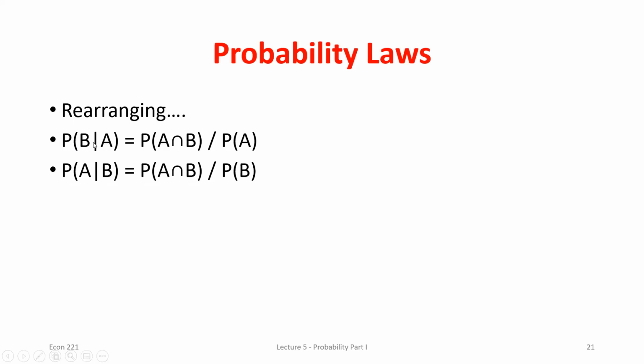Whatever's on the right-hand side of this line, that's what we say we're conditioning on. So we're conditioning on A, but we're still looking for the probability of B. And the way that we usually read this is the probability of B given, this vertical line we kind of read as given, event A has occurred.